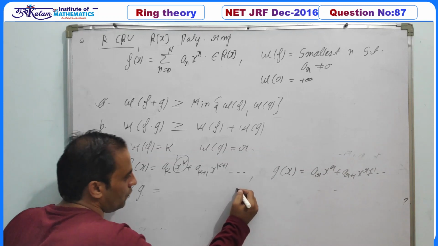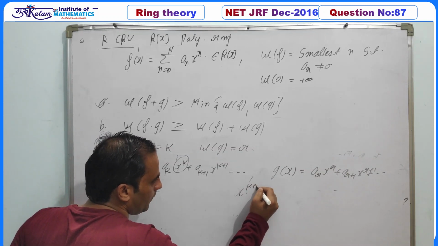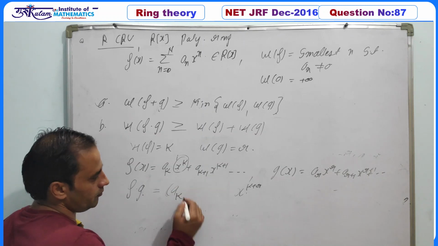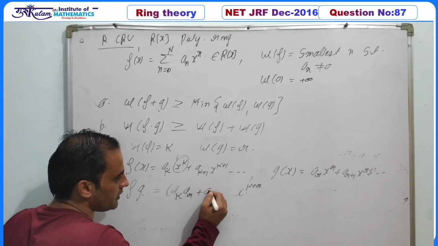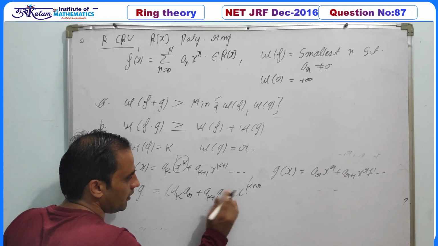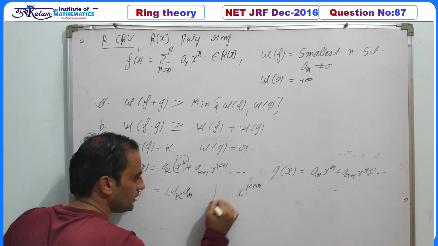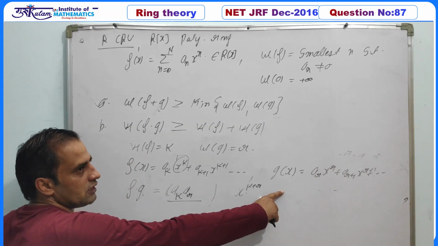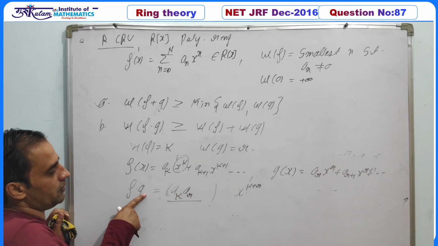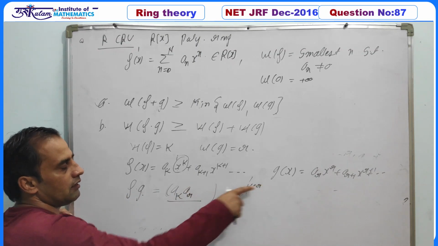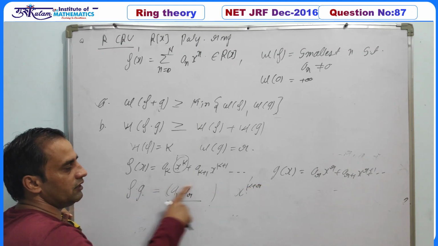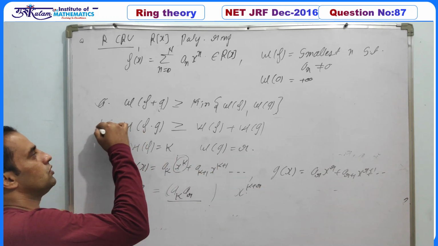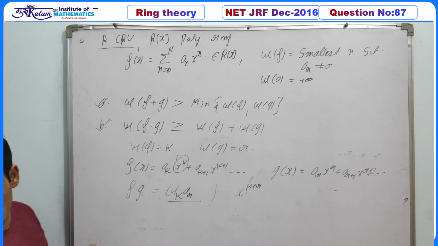So the coefficient of x to the power k plus r can be a_k times a_r. If this term is 0, then the next coefficient is non-zero, then W(fg) is greater than k plus r; otherwise W(fg) is exactly k plus r. So definitely the B option is also true, a simple product of polynomials.